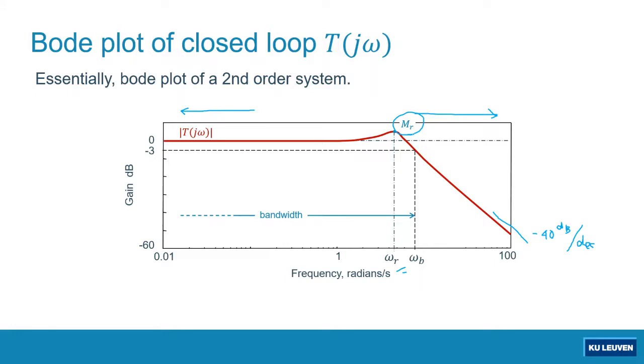Bandwidth frequency is the frequency in our magnitude plot where the magnitude is 3 decibels below the magnitude at low frequency region. Okay, so in short, here we can identify three features from Bode plots of an underdamped second order system.